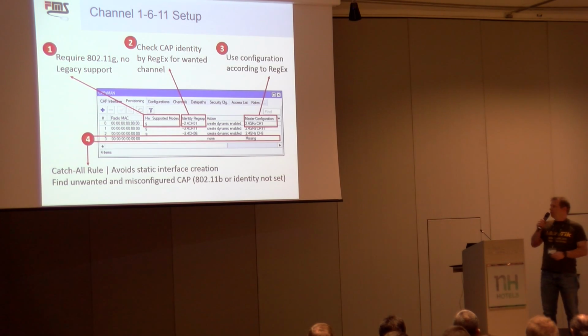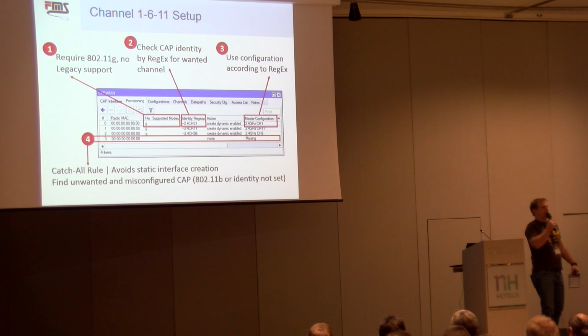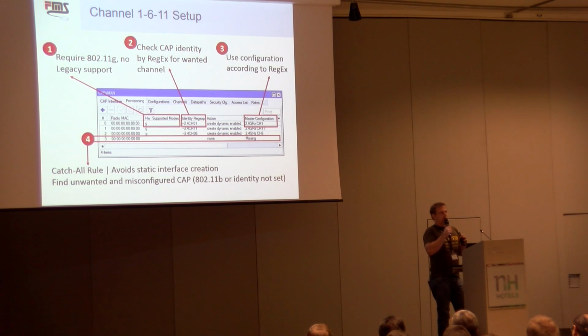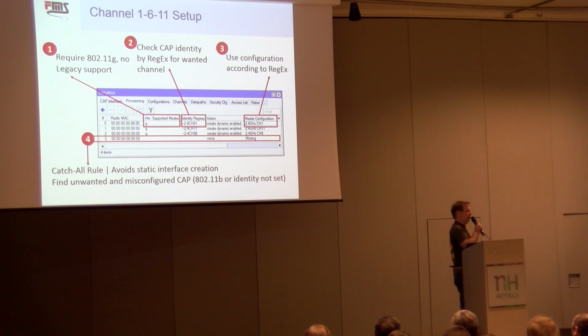I added a 4th provisioning rule, which I would like to call a catch-all rule, and that is to prevent CAPS Manager from sticking with its default, because its default will say, if there is a radio which can't be provisioned, I will create a static interface from it. And typically, if you made up your mind for your provisioning and something can't be provisioned, it's probably wrong.